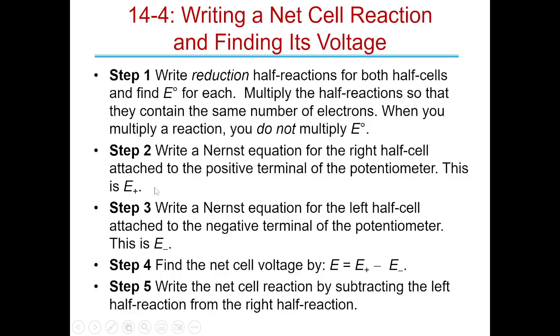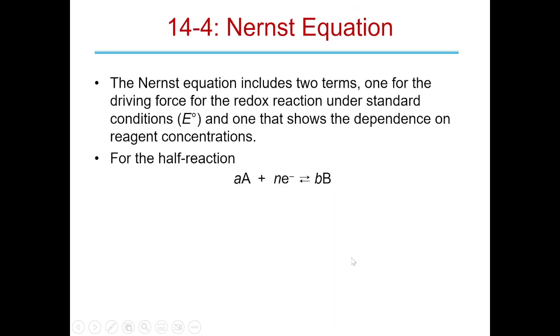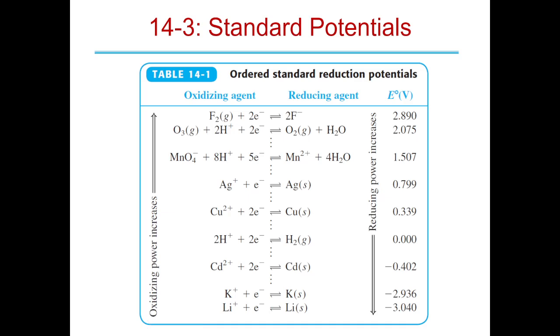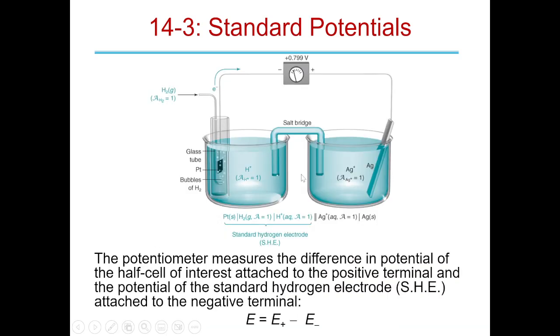By the way, if you mess up on figuring out which is your E plus, E minus, it's not that big of a deal. All you have to do is flip your values. That means your sign just flips. And you can figure this out because, remember, if the electrons are flowing from your anode to your cathode, it should be a what value?